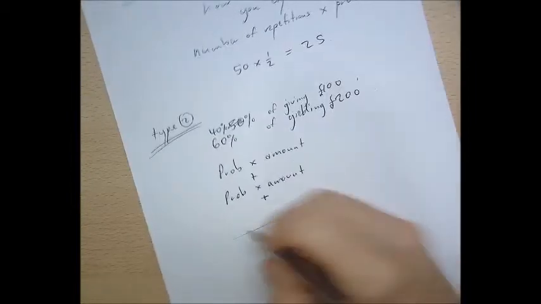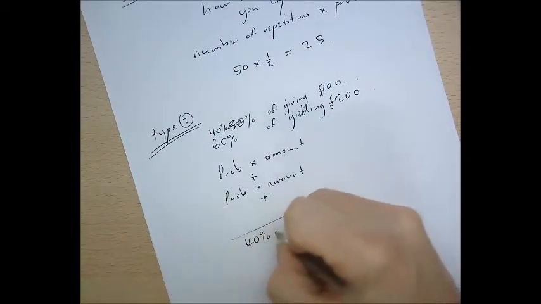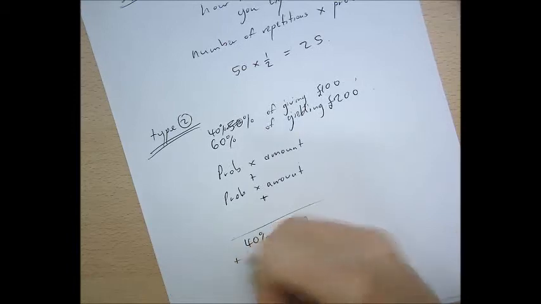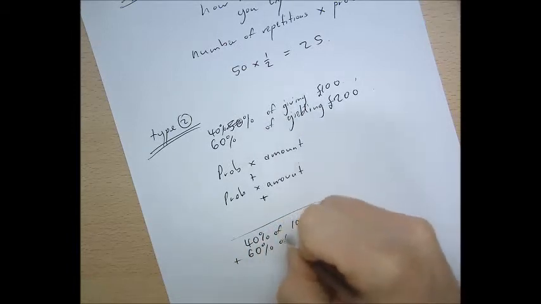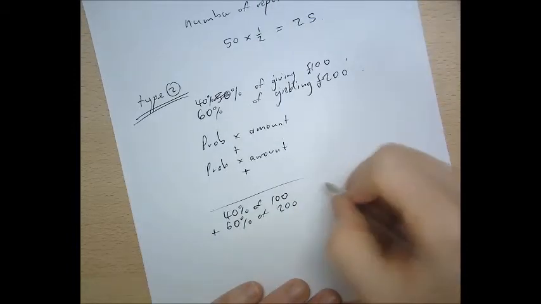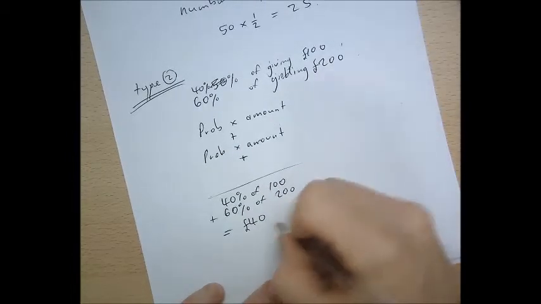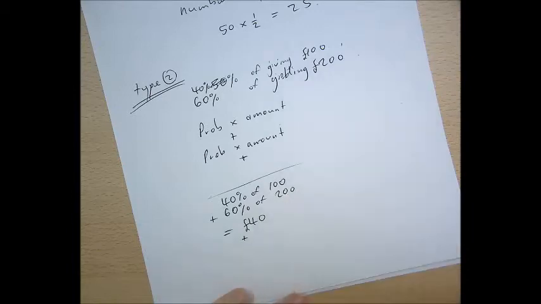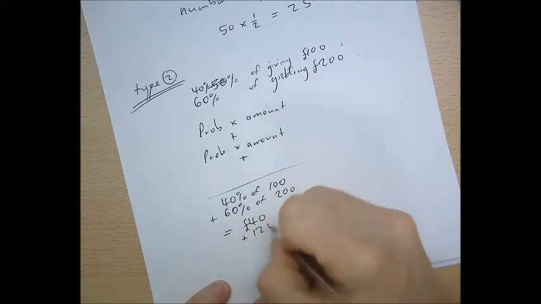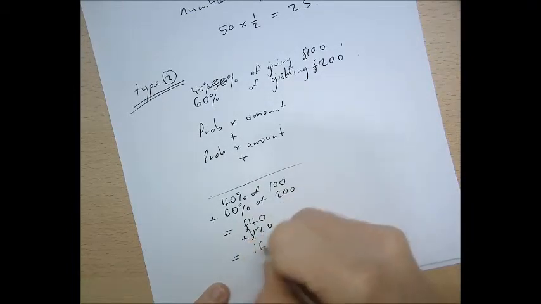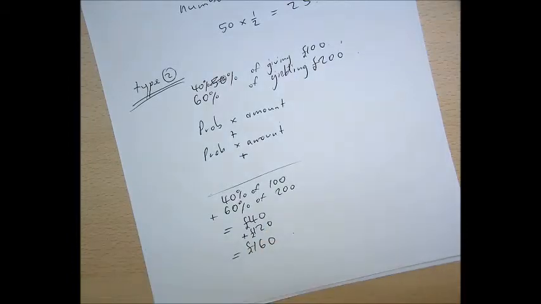So for me it's 40% of 100 plus 60% of 200, which is £40 plus 60% of 200 is £120. So the expected value of this investment is £160.